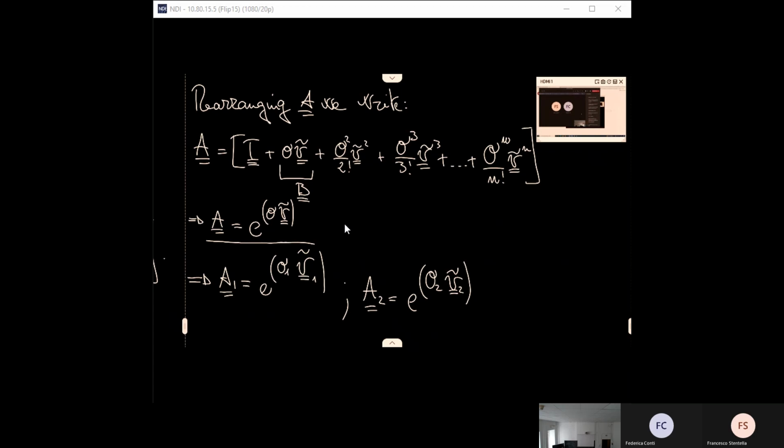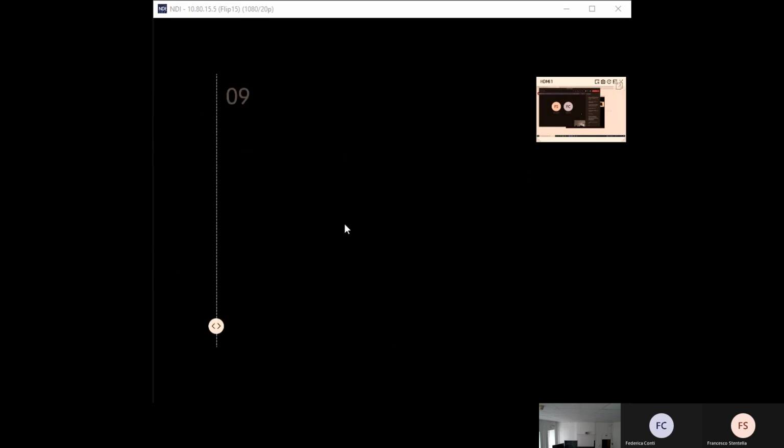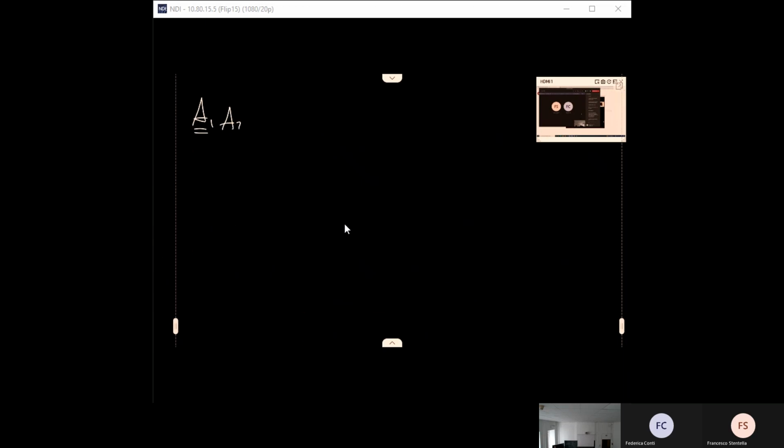Now, if I apply A1 over A2, you can write it like this: e to the theta 1 V1 tilde applied over e to the theta 2 V tilde 2. And this, for what we have seen, is actually the thesis where we started from, okay?